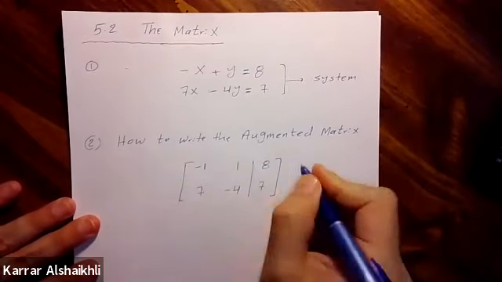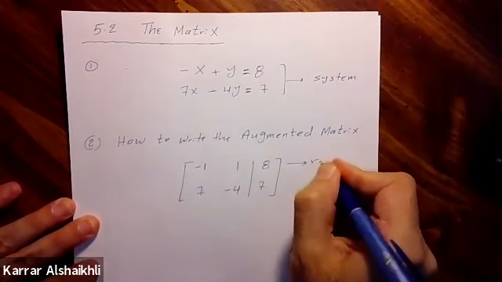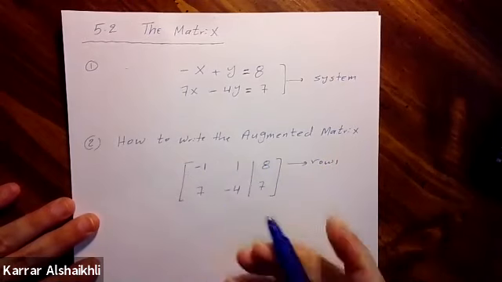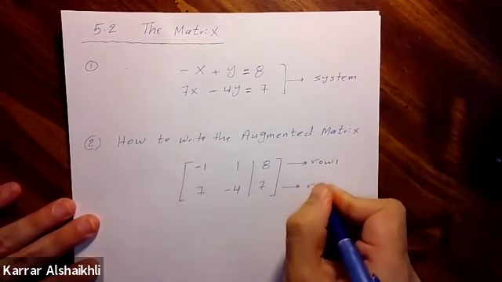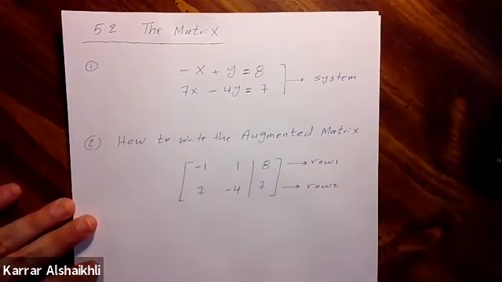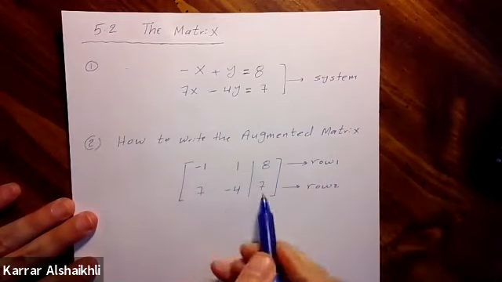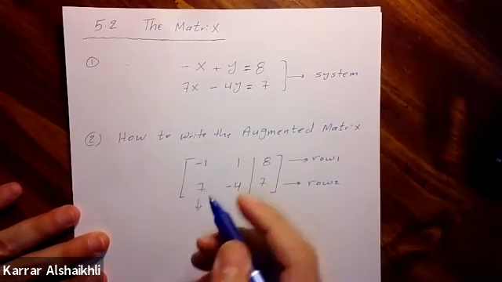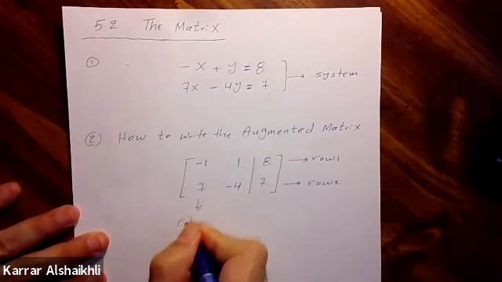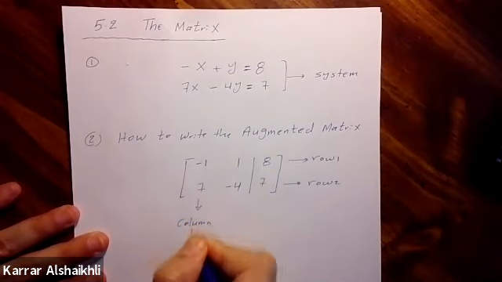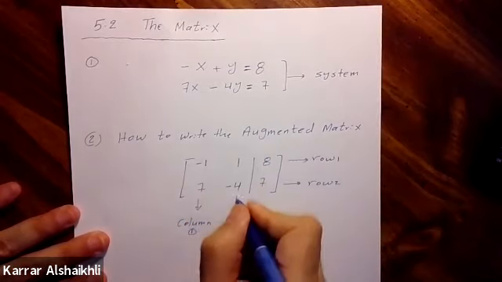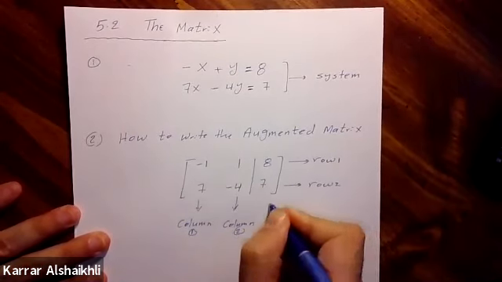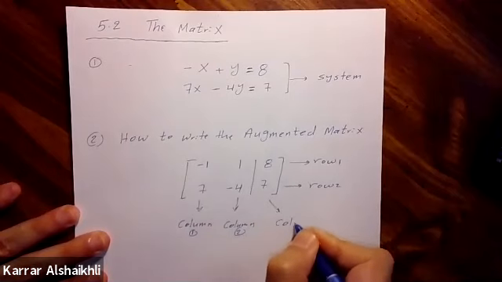We call this one row 1. You see, this is row 1. Here we call it row 2. This is row 1, this is row 2. We call this one column 1, this one column 2, and this one column 3.